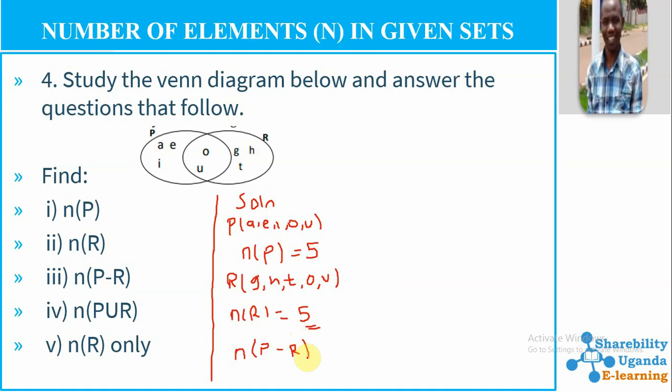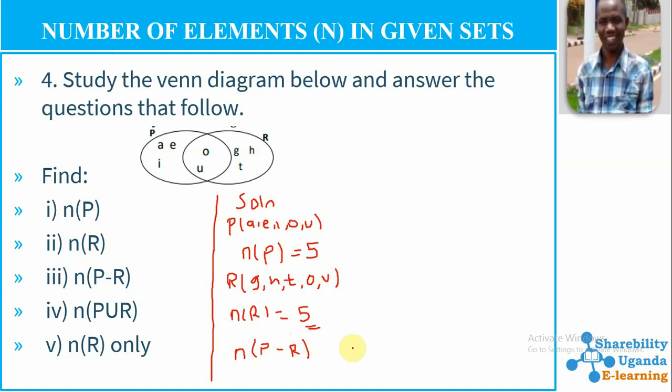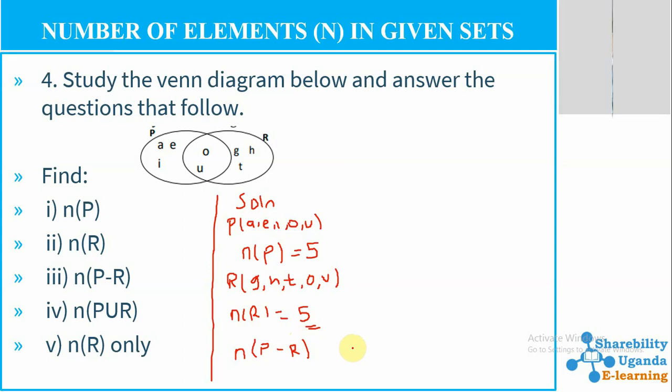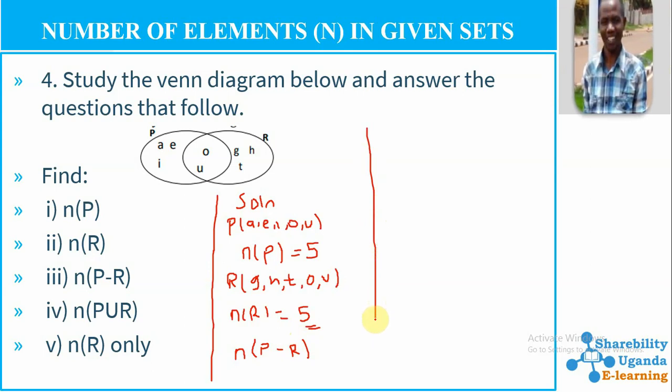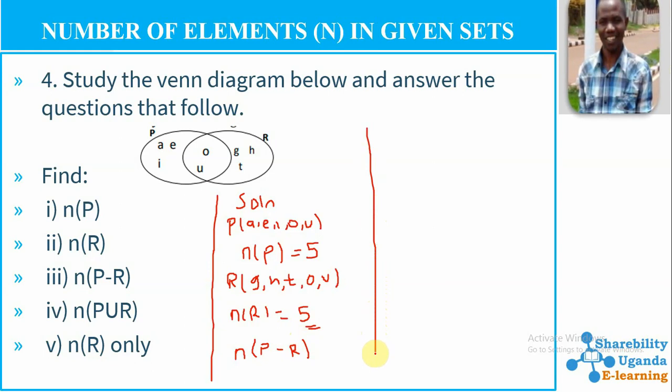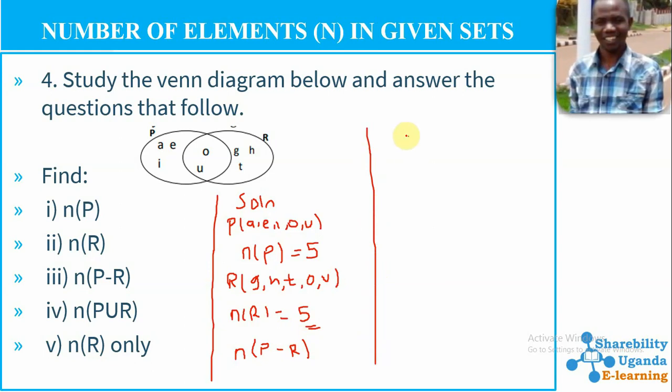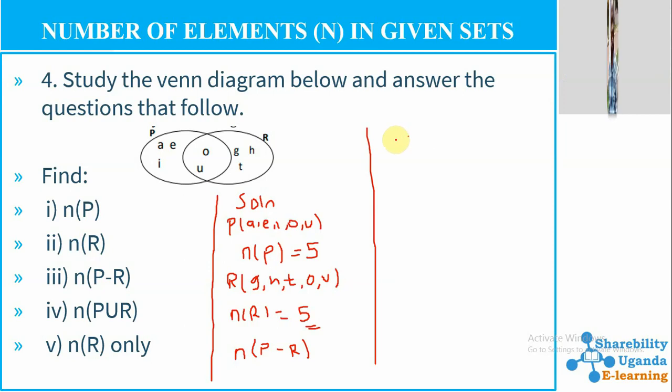How do we come up with this? We said that for us to get the members of P minus R, we shall do our question from here. We want to get the members of P minus R, that is the complement of that set.